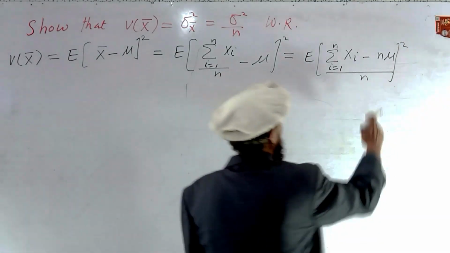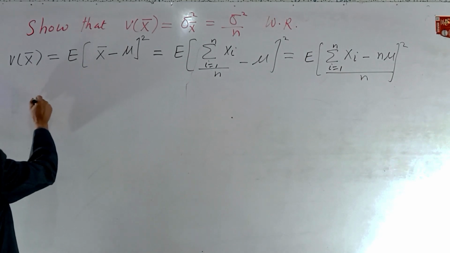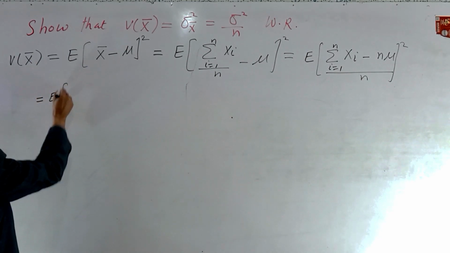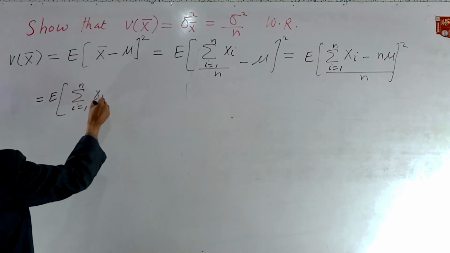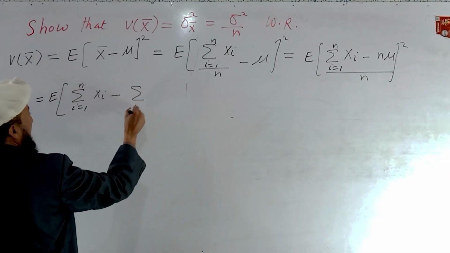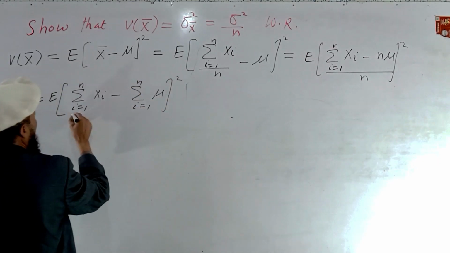In place of n mu, we change this term into a summation. The expected value of the summation of xi minus the summation of mu, from i equal to 1 up to n, whole square divided by n.